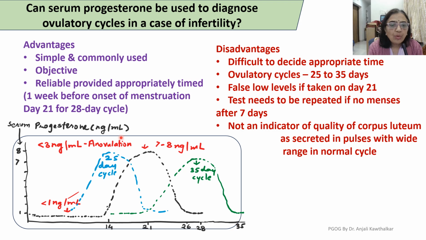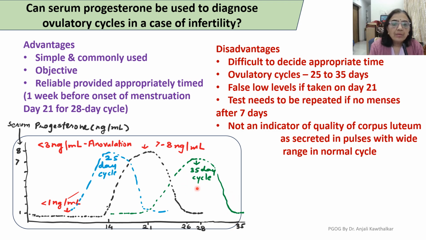So it will be a falsely low value. On the other hand, a woman is having a 35-day cycle, though it is ovulatory, and you are doing progesterone on day 21. Again, what will happen? Still, the rise has not initiated, at day 21 in a 35-day cycle.